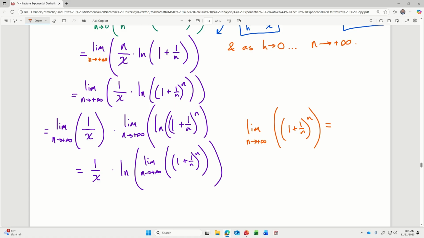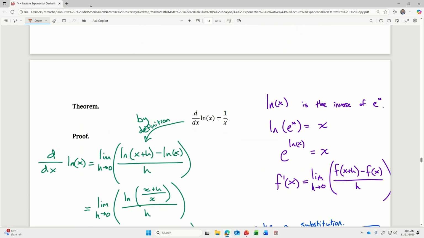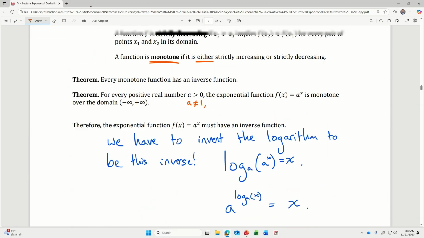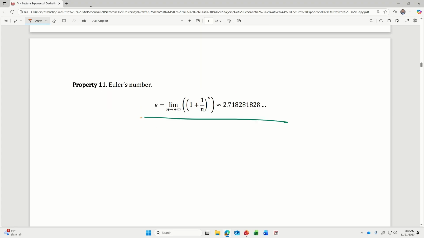No. Carter? I know I've seen it, I just don't remember. Avery? I don't think I know. Is it like a algorithm? Anybody? What's the limit as n approaches infinity of 1 plus 1 over n to the power n? Oh, it's a huge number.